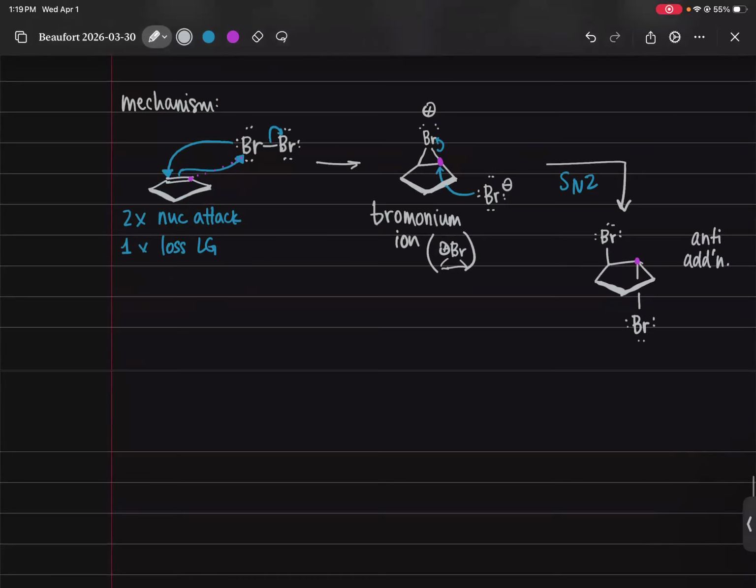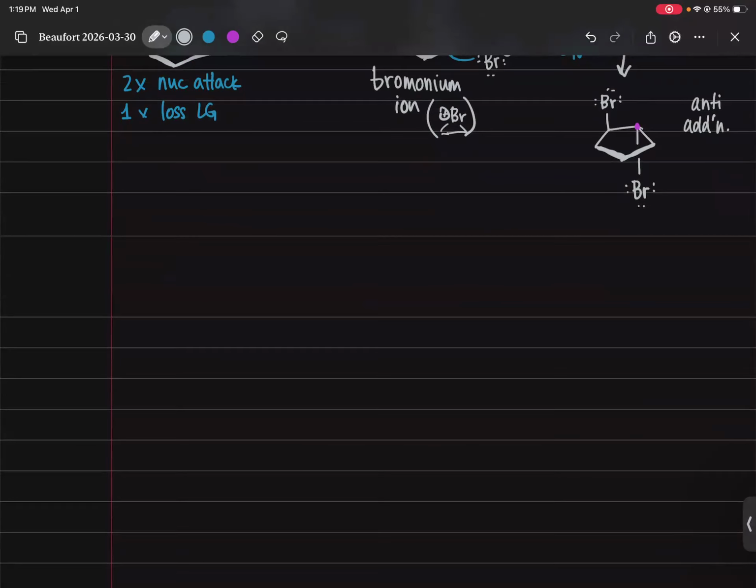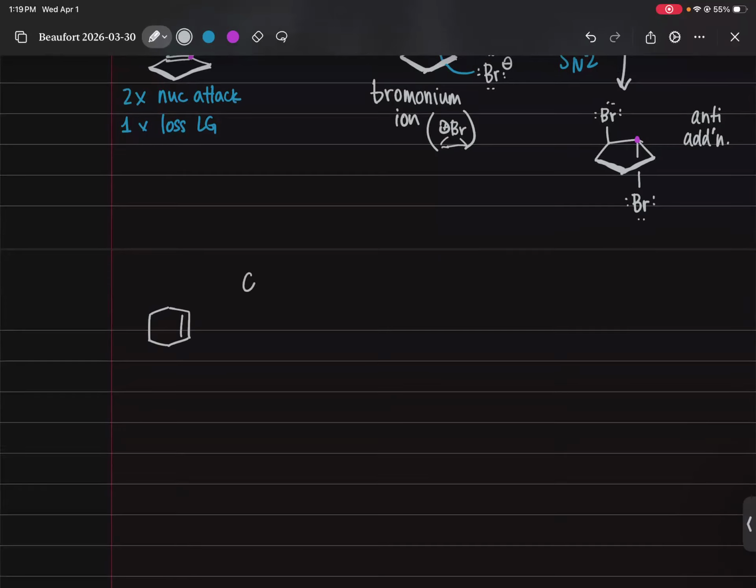Okay, so what does this actually look like in practice? Okay, so we'll use cyclohexene because it's easier to draw. And how about we use chlorine instead?